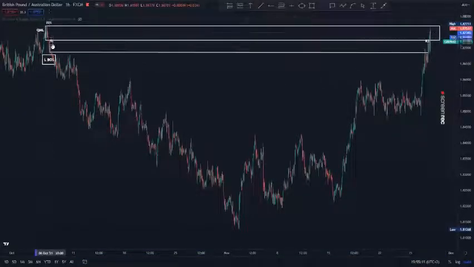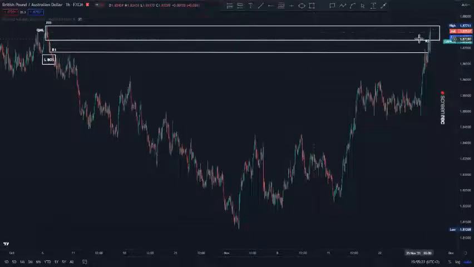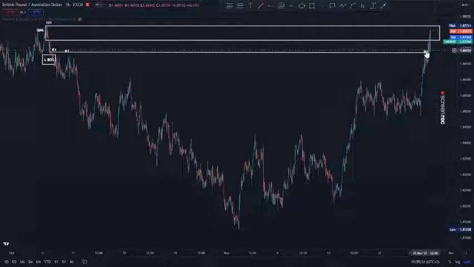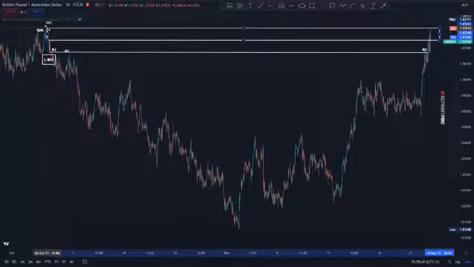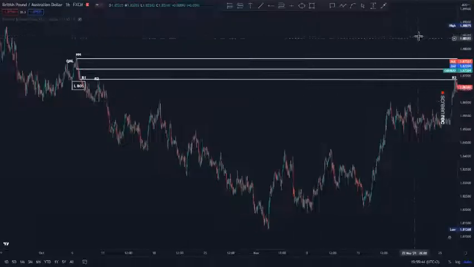My R1 was here, and my R2 was there, and then R3 was here. Sorry about that. I can't exactly remember where, but this was the setup that I had, and I wanted to sell when the market came to that level. I have to confirm.